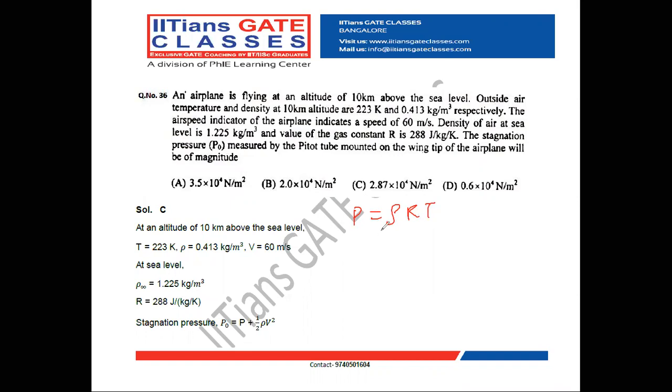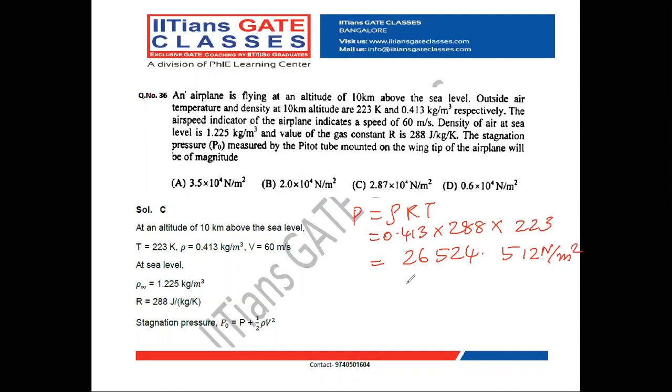Rho at 10 kilometer altitude is 0.413, R the ideal gas constant is 288 joule per kilogram per Kelvin, and the temperature at the 10 kilometer altitude is 223 Kelvin. So the static pressure is equal to 26524.512 Newton per meter square at 10 kilometer altitude.